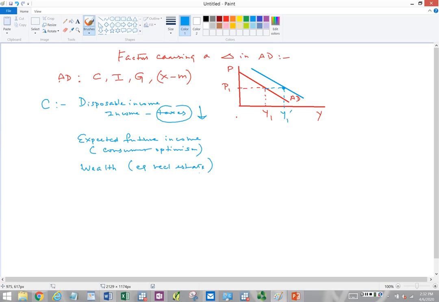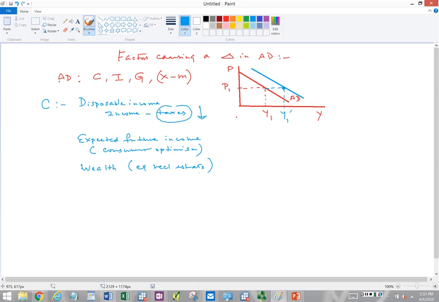So with the rise in the value of my home, I may now think, well, there's no need to save quite as much as before for my retirement. In other words, I save less of my current paycheck, implying that I spend more on consumption. Right? So a rise in wealth leads to an increase in consumption spending. It induces the consumer to save less of his current paycheck, spend more.